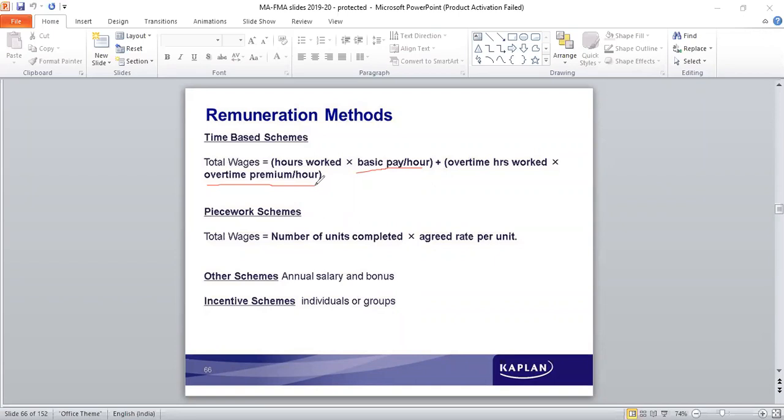So if they are paid 10 rupees, for overtime they would be paid 10 into 1.5, which comes out to be 15. They may also have some other arrangements, but whatever it is, overtime is always paid at a premium value.